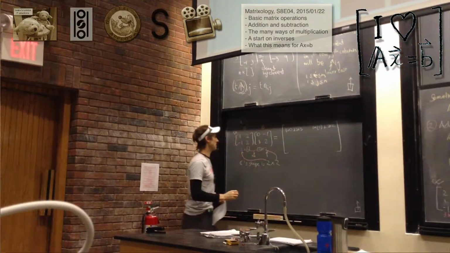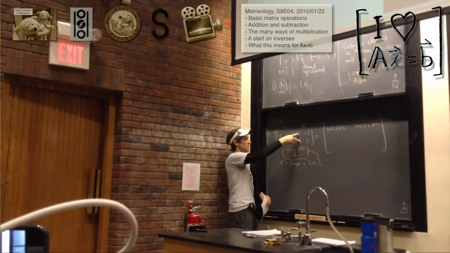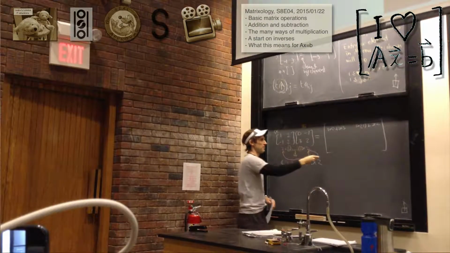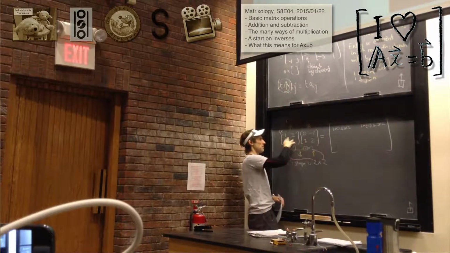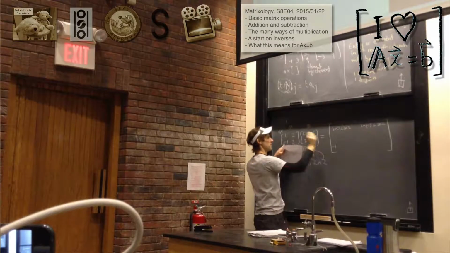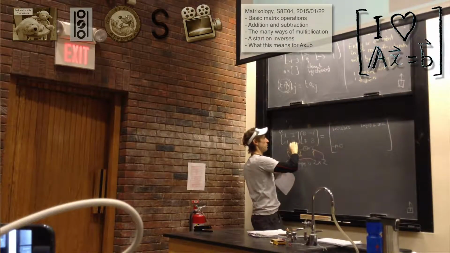I'll show you something weird about this matrix in a second. Minus 1, this dot product, now we're on the second row and the first column. That goes here. The second row and the second column here: minus 1 times 0 plus 2 times 3.